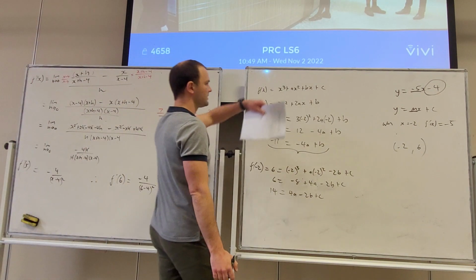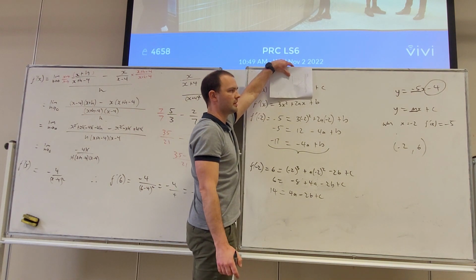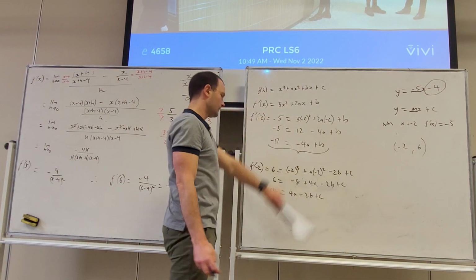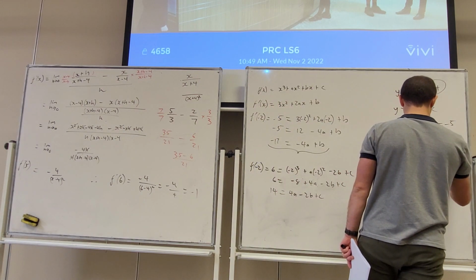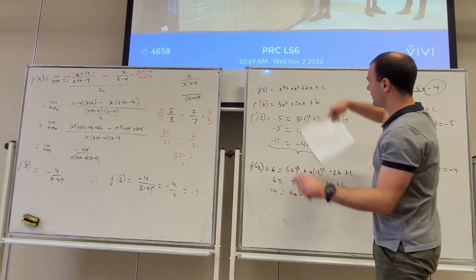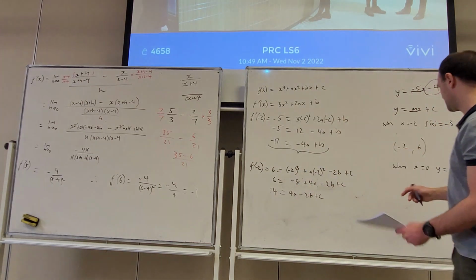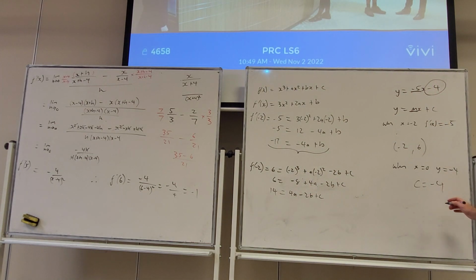So that means when x is 0, y is minus 4. You can make that statement if you want. When x is 0, y is minus 4. If you sub 0 in, you're going to get c. So the value of c is minus 4.